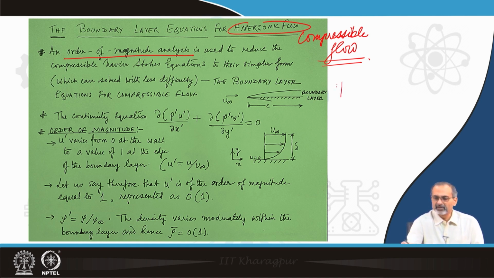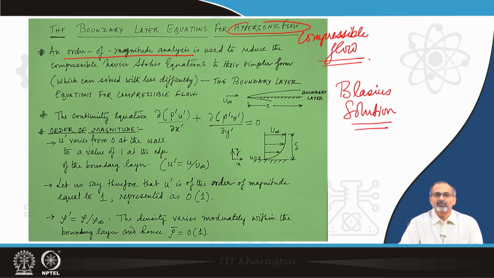You may have looked at the Blasius solution, for example, for a flat plate when you have an incompressible boundary layer, and this order of magnitude analysis is very useful in reducing the compressible Navier-Stokes equations.